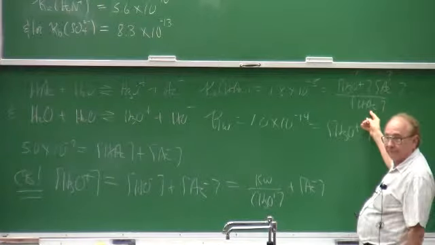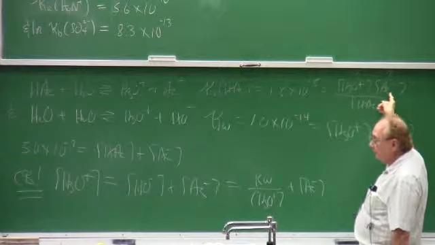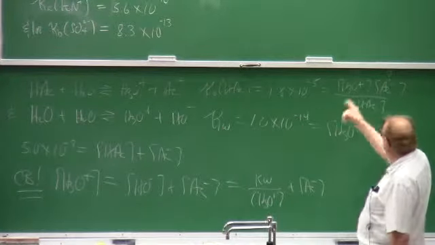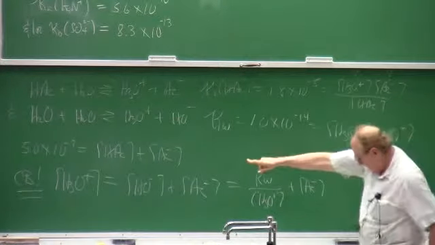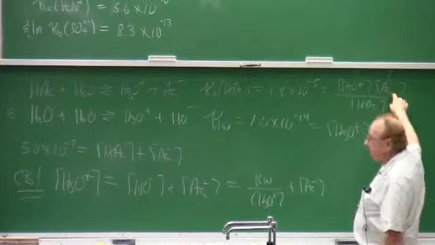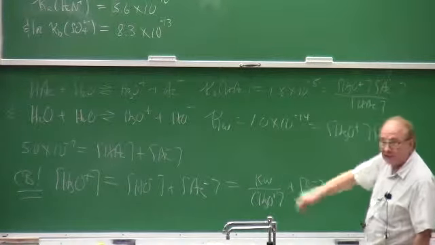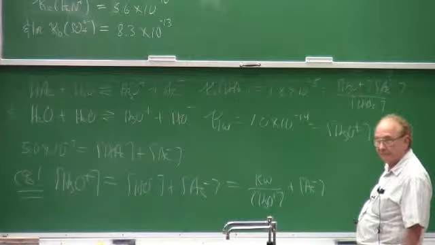Bingo. Or if you want, I'll keep this in, and up here I'll write 5.0 times 10 to the minus 7 minus acetate ion. For acetic acid, I'll put it in up here for acetate ion, and I'll write 5.0 times 10 to the minus 7 minus HAc molarity. Okay? And keep this in the denominator.